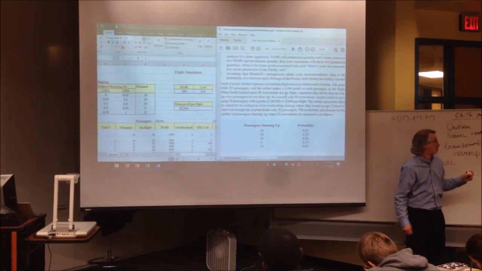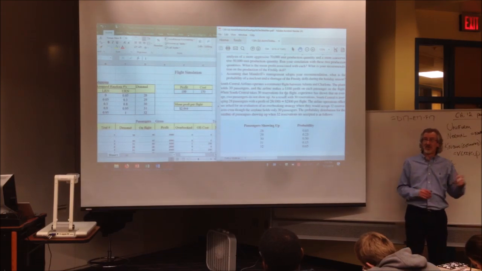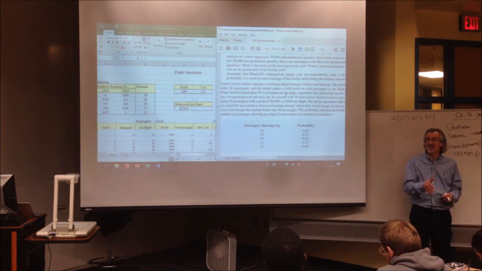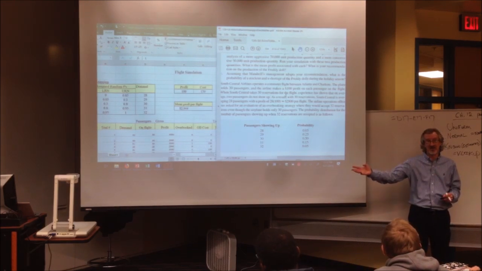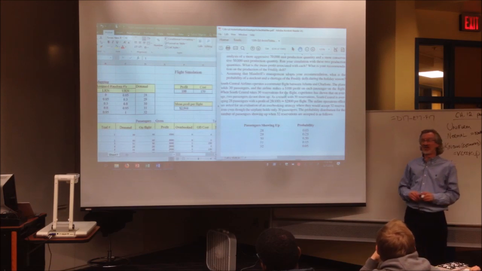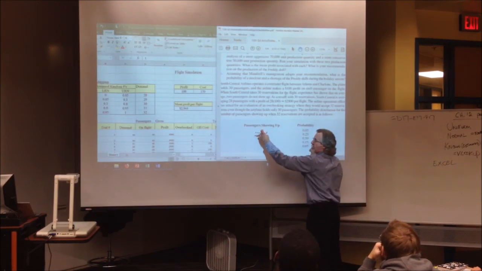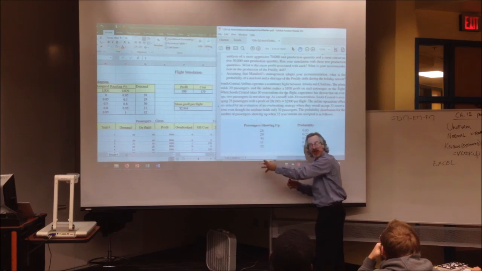Now, I learned something a couple days ago, because the new Excel is not allowing students, when you put a map together, to put the outcomes, 28, 29, however many passengers show up, on the left.